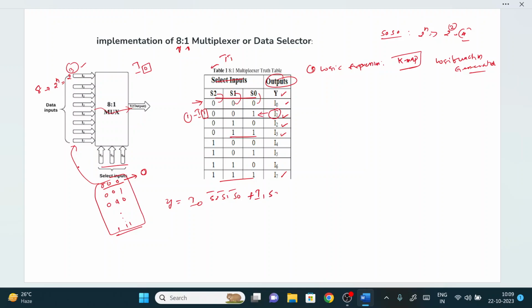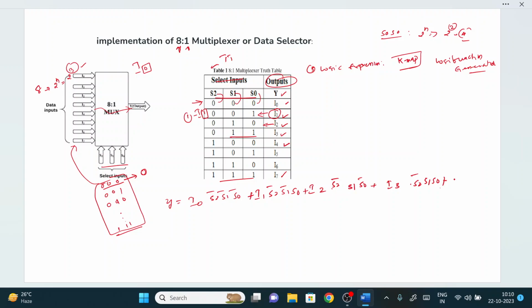It means I1 into S2 bar, S1 bar, S0, plus next I2 into S2 bar, S1, S0 bar, plus I3 into S2 bar, S1, S0. So I3 is also completed.